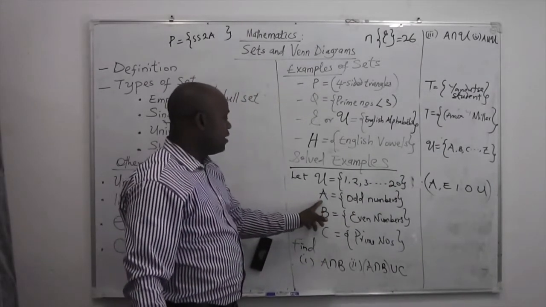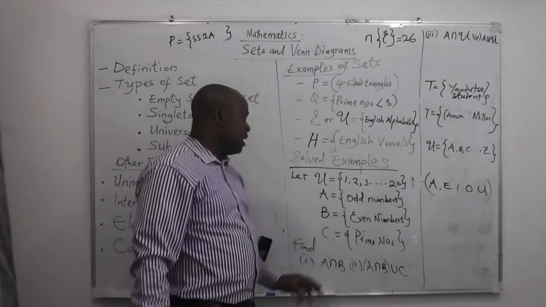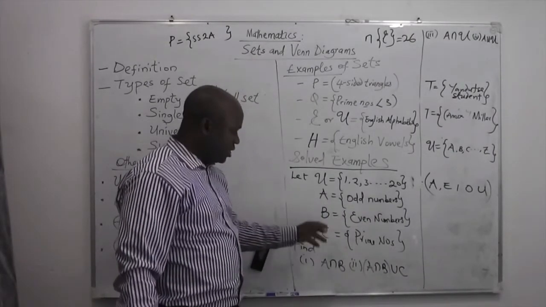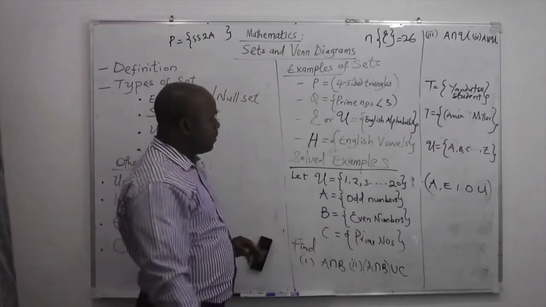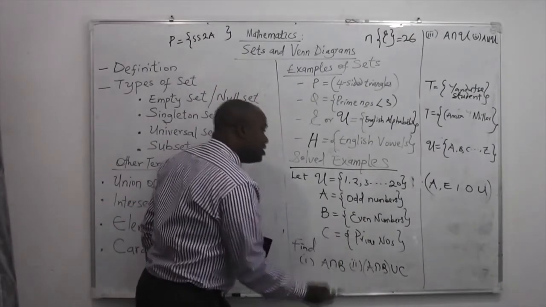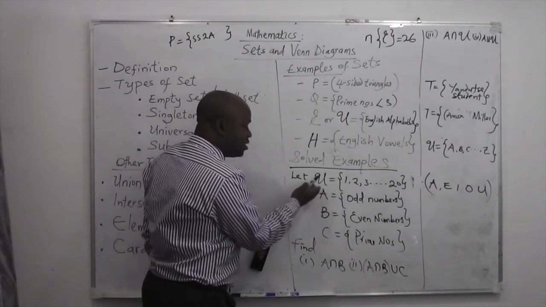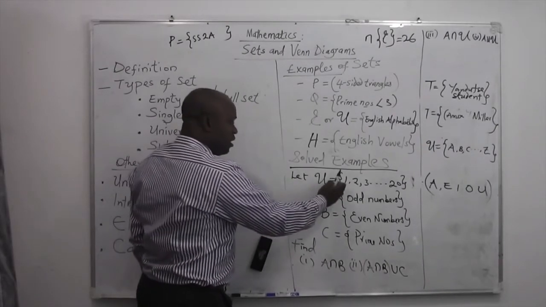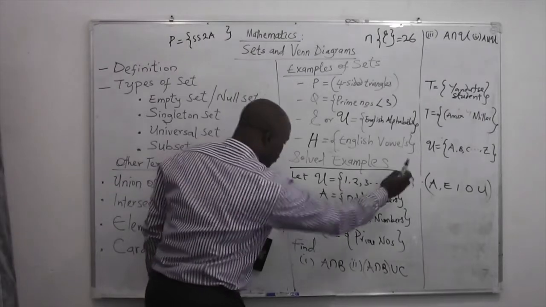Then A is the set of odd numbers, while B is the set of even numbers. Then C is the set of prime numbers. Whenever this is mentioned, A, B, C are being drawn from the universal set, which is the counting numbers from 1 to 20.